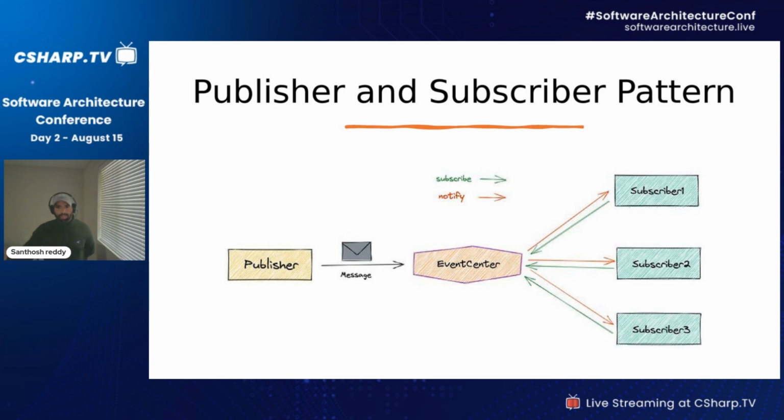Even if you go to any other page, it should automatically get reflected. Why? Because it will make this change and submit this information into the event broker or event center, and whoever has subscribed to this will automatically get a notification, look at this message, and based on that automatically change. So that's the beauty of the publisher and subscriber model.